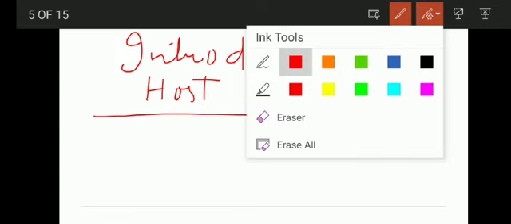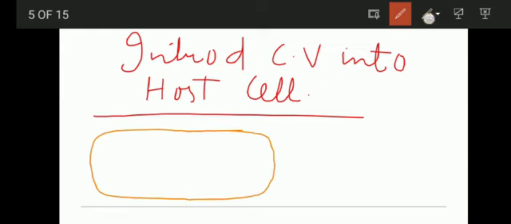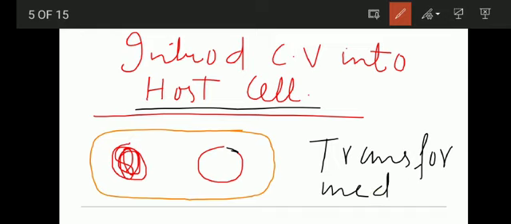So in the host cell we have the bacterial chromosome, and we also have the recombinant DNA that has been inserted into the host cell, and this is the transformed cell. So this is actually the transformed cell.